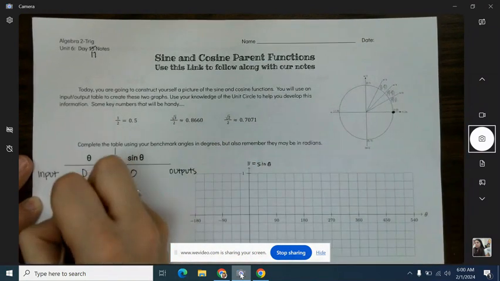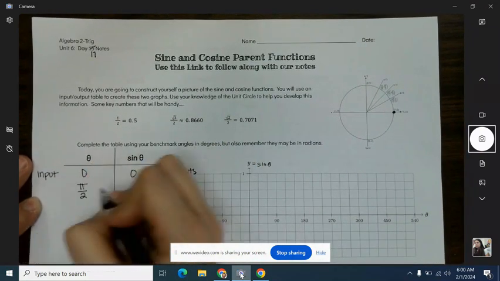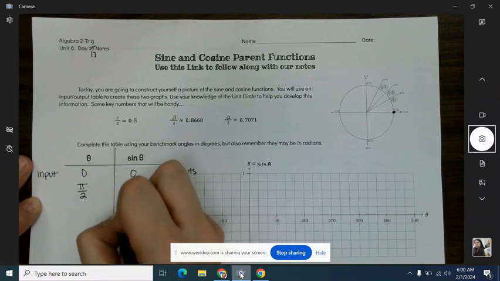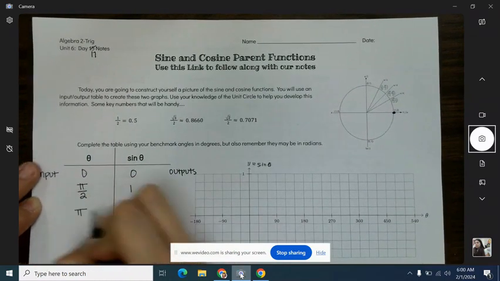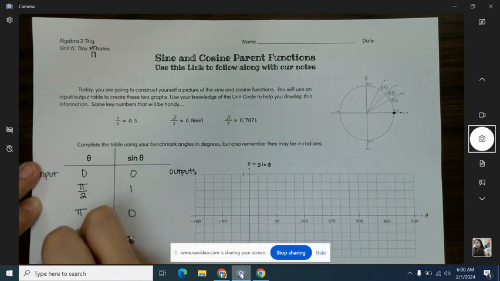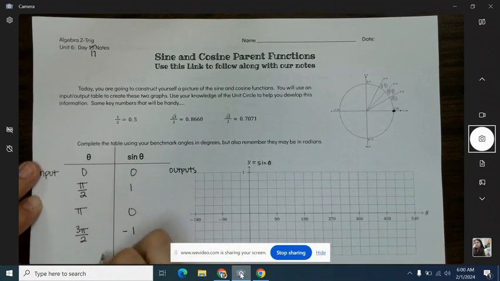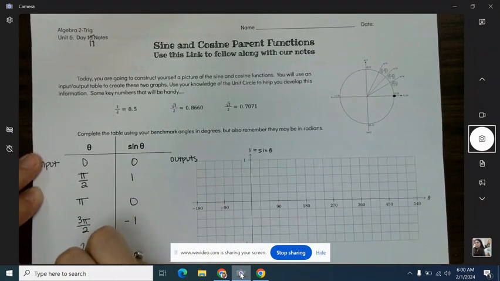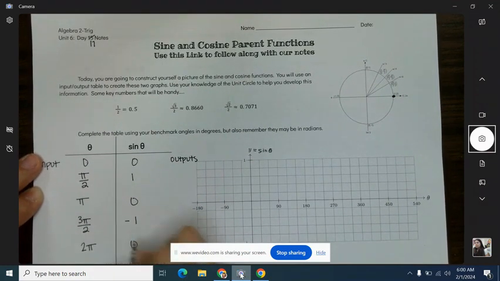And then if we move up to pi over 2, the y value at pi over 2 is 1. The y value at pi is back to 0. The y value at 3 pi over 2 is negative 1. And the value at 2 pi is back to 0.